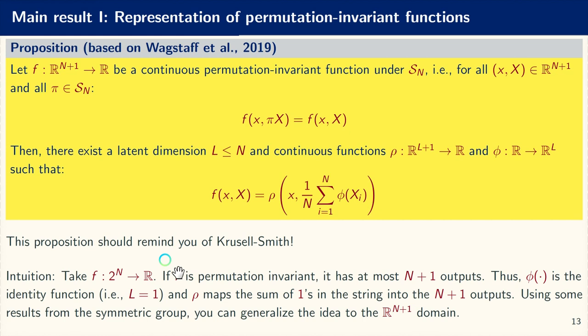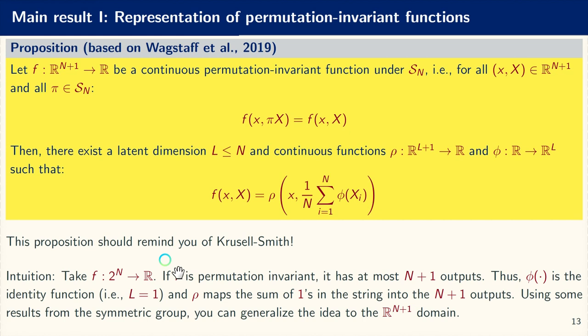This proposition, based on Wagstaff et al. 2019, although there are other papers in the literature that make similar points, says, let's take a function f from R^(n+1) into R, because, remember, we have n agents, each of them with one state variable, and then we have the additional individual variable of agent 1.